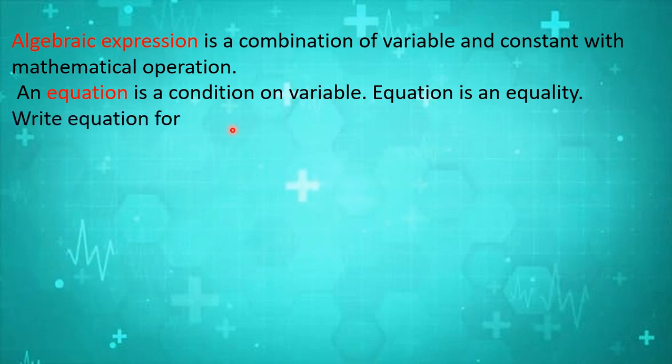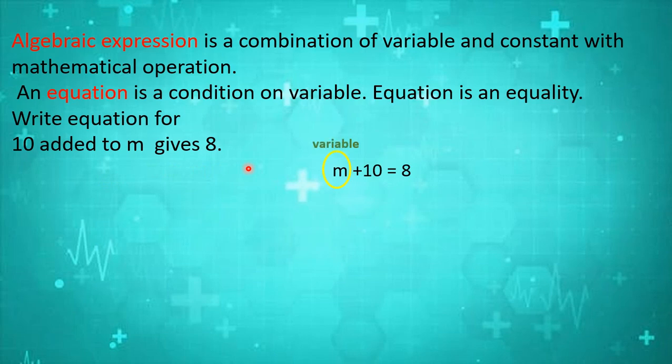Can you write the equation for the statement 10 added to m gives 8? Yes. How is it? m plus 10 is equal to 8. Here m is the variable, and 10 and 8 are both constants.